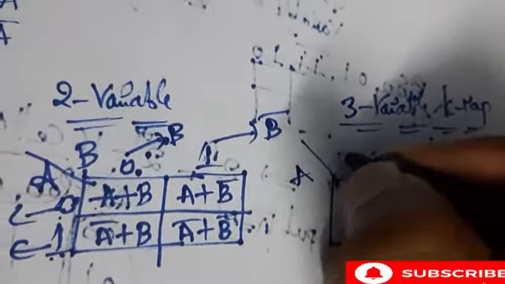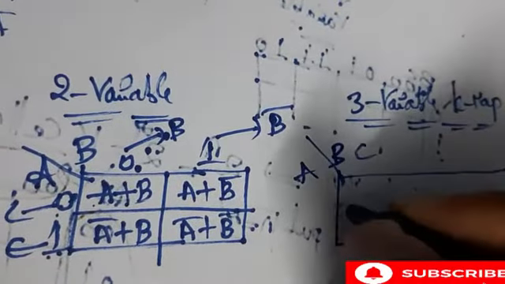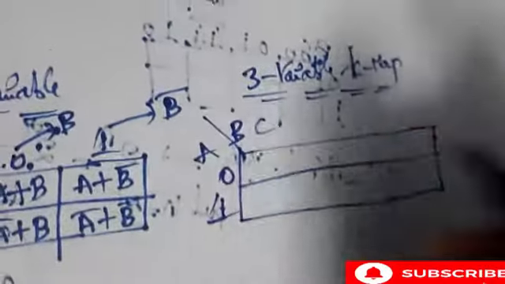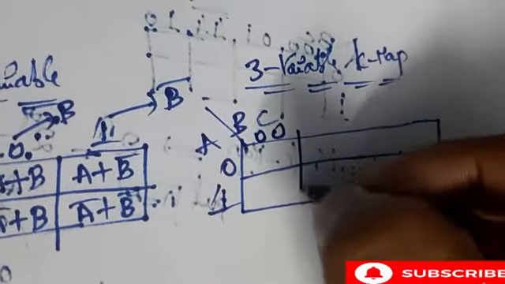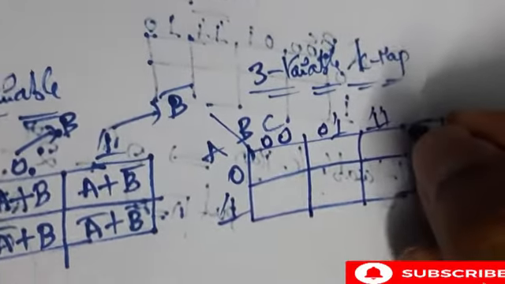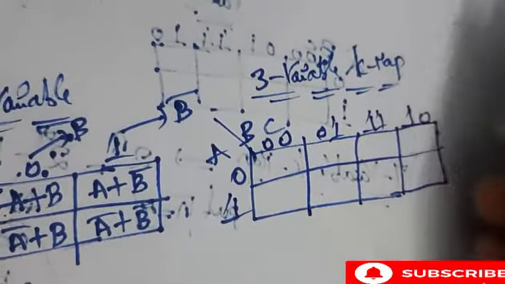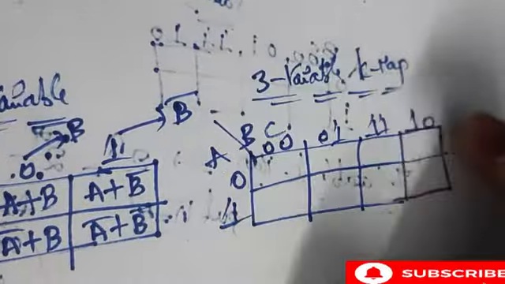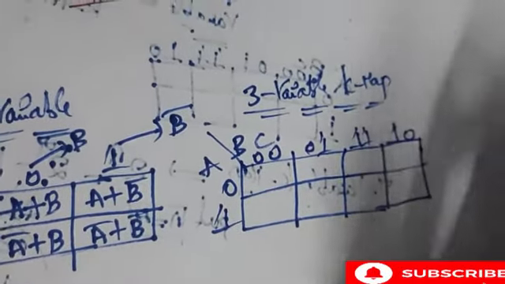This will be the A, B, C. 0, 1, and 0, 0, 0, 1, 1, 1, 1, 0. This will follow the gray code sequence, right?